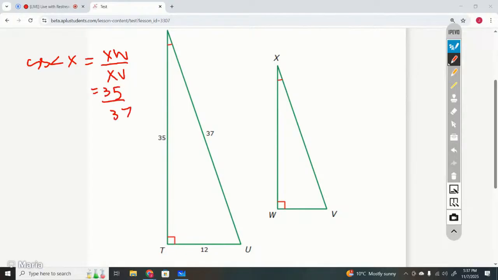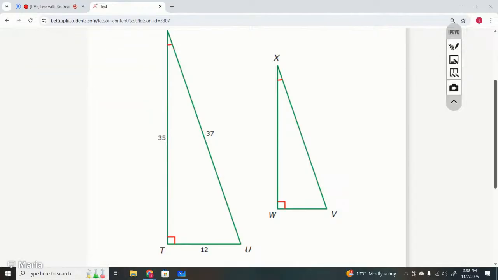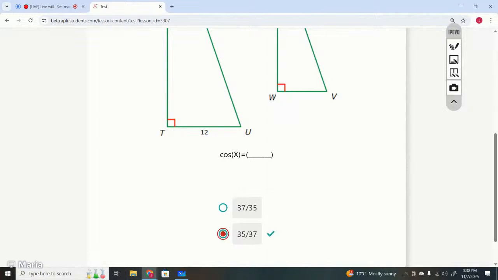That is 35 over 37. So the correct option is 35 by 37. Option number 2 is the correct option.